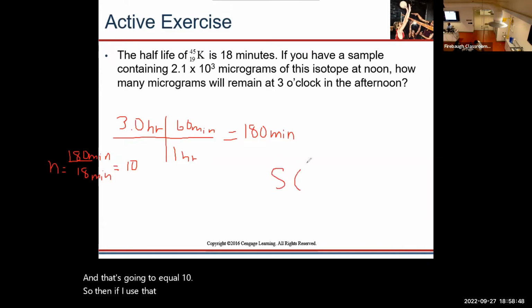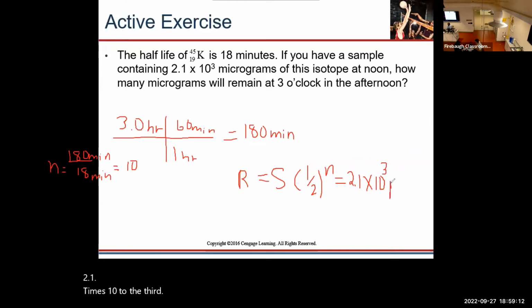That's 1/2 to the n is R. Our starting was 2.1 times 10 to the third times 1/2 to the n.